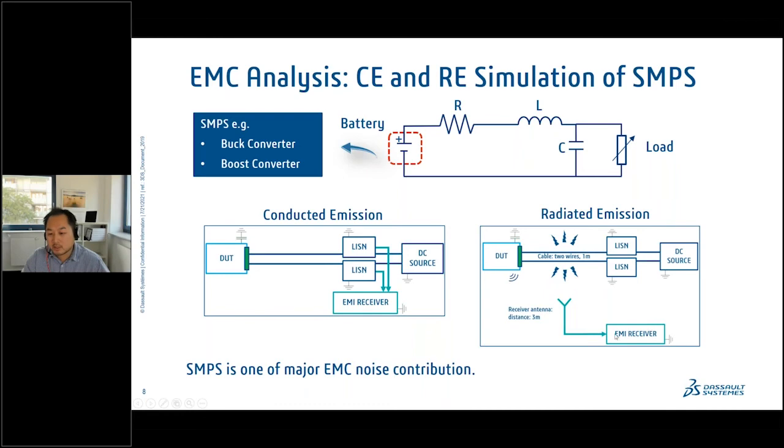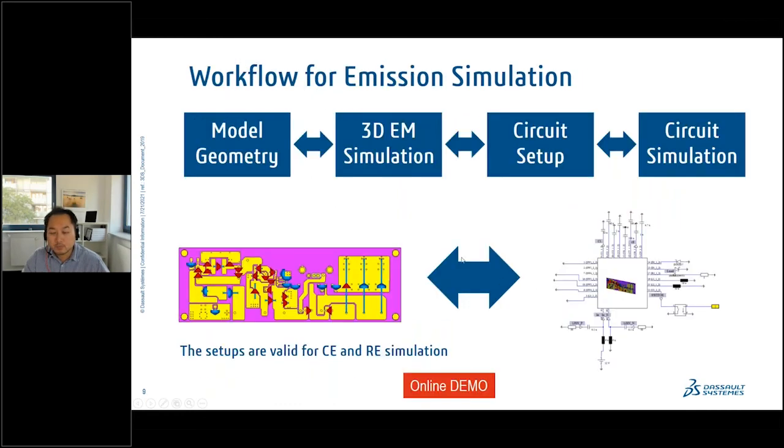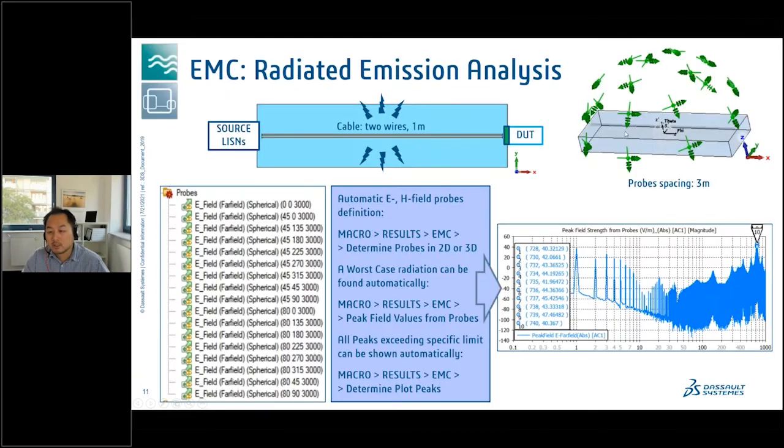You place the EMI receiver. In this case, we place probes, meaning you define probes surrounding the calculation domain, and you later receive the results: the E field strength at the probes at a certain area.